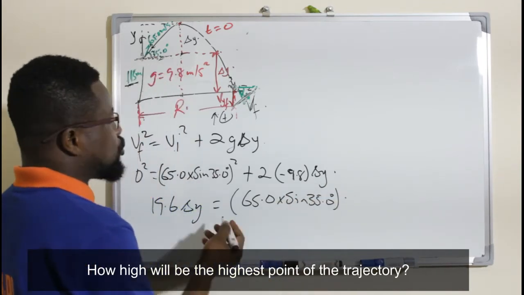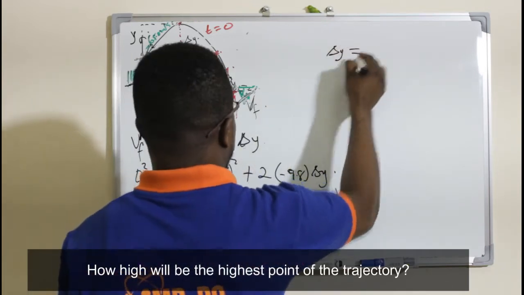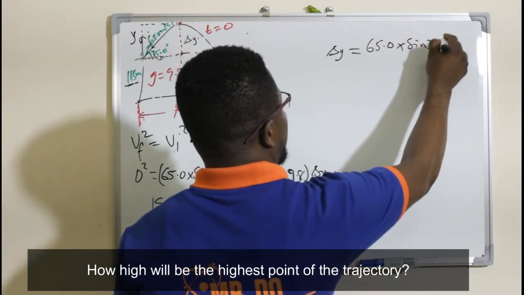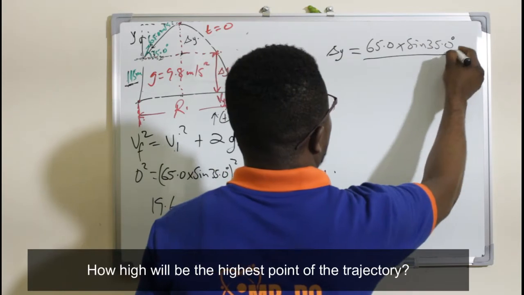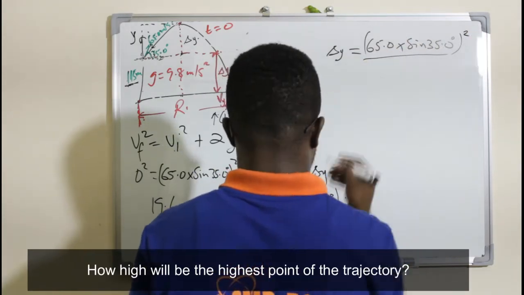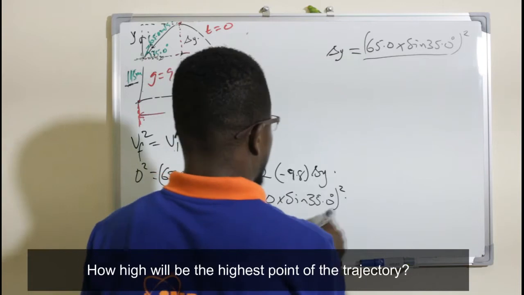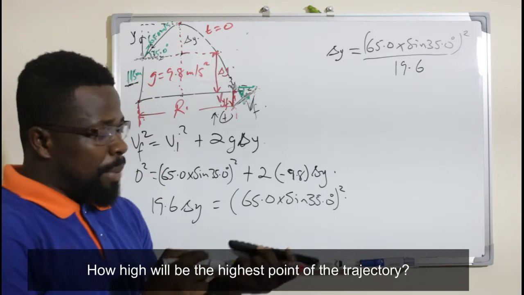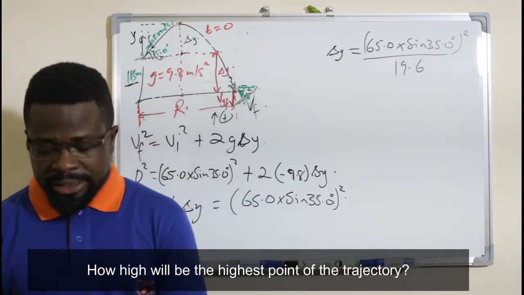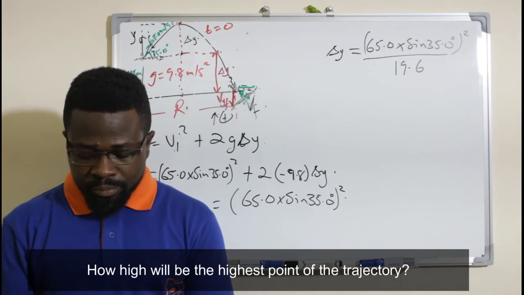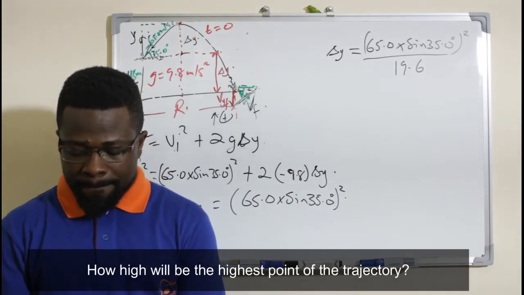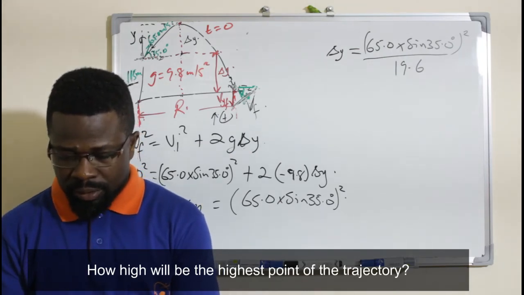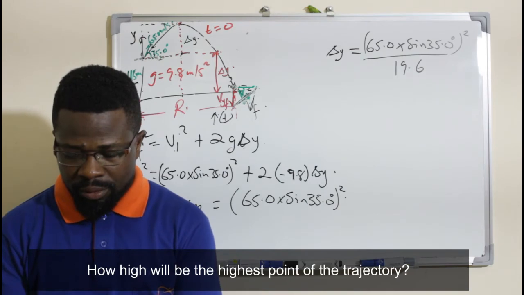And now let me divide through. So what is going to be my change in y? It's going to be 65.0 multiplied by sine 35.0 degrees, squared, divided by 19.6. And let's punch this into our calculator and see what we're going to have.